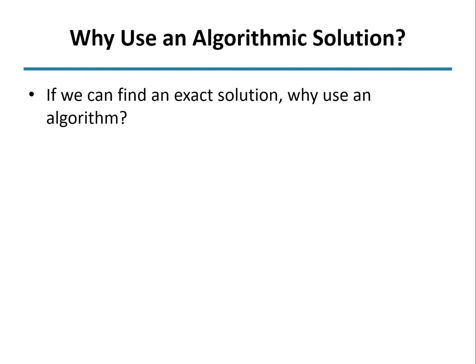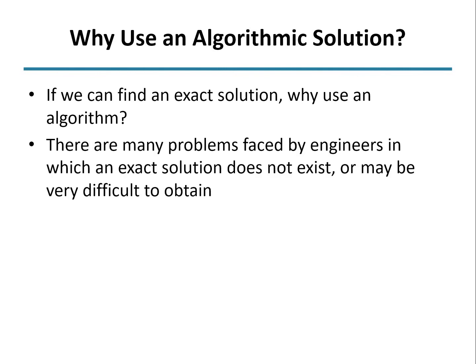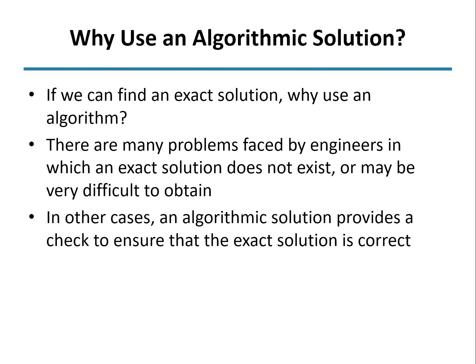So if we know the exact solution to a problem, why would we ever want to use an algorithm? Well, in a lot of engineering problems, there is no exact solution that exists. And other times it just may be very difficult to solve the problem. And in those cases, of course, an algorithmic solution gets you close.